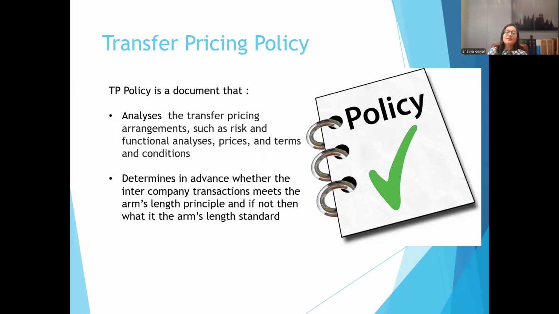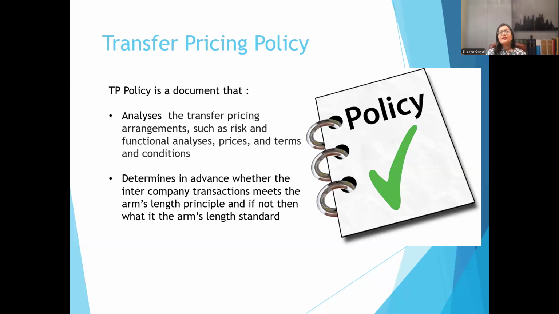It will also conduct a benchmarking analysis to see what independent enterprises in the market are actually charging for a similar transaction between unrelated entities in similar market conditions.